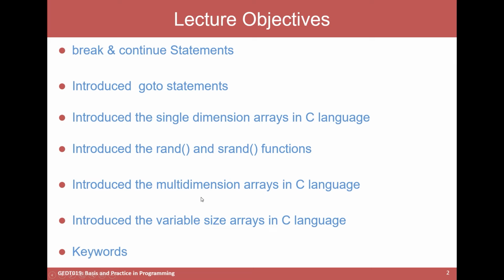These are arrays which have not just one row but multiple rows, and we call them multi-dimension arrays. Also we are going to talk about variable size arrays. That means arrays which have a size but it's not fixed. Somehow the size of the array will be coming from variables.